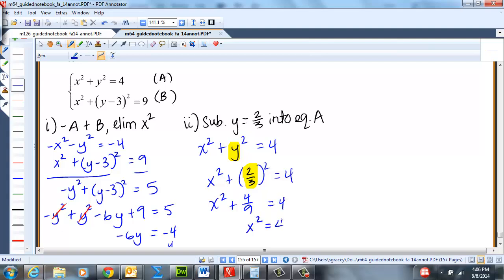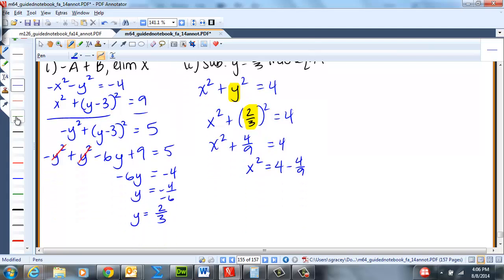Subtracting 4/9 from both sides and getting a common denominator of 9, we'll have x squared is 32/9. Square rooting both sides, x is plus or minus. Now, 16 times 2 is 32, and 16 is a perfect square. So in the numerator, we're going to have 4√2, and in the denominator, we'll have 3.